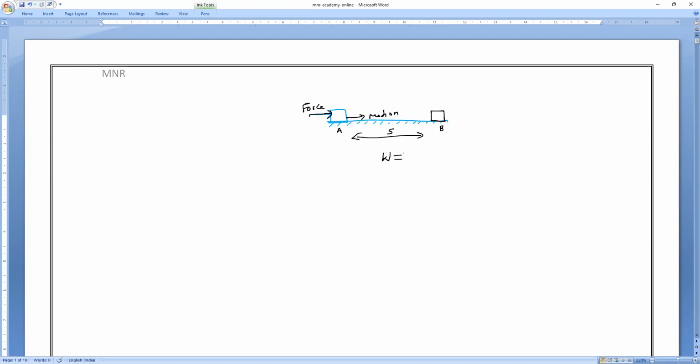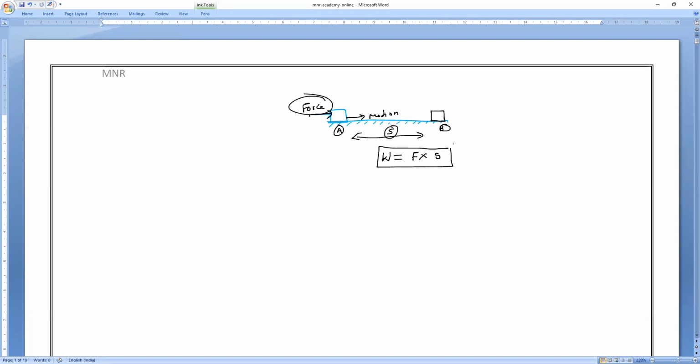The constant horizontal force F is applied on a body, which moves from point A to point B, getting displaced by S meters. Then work done is equal to the product of the force applied on a body and the displacement of the body.